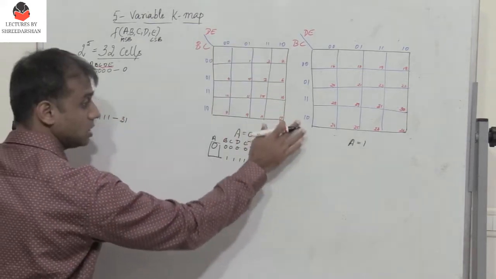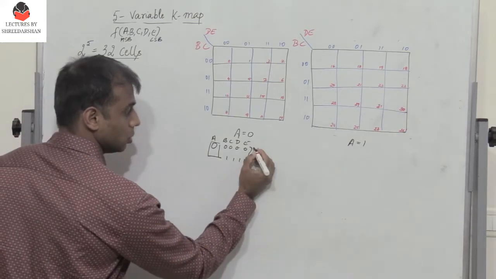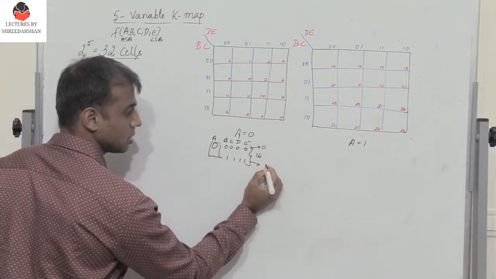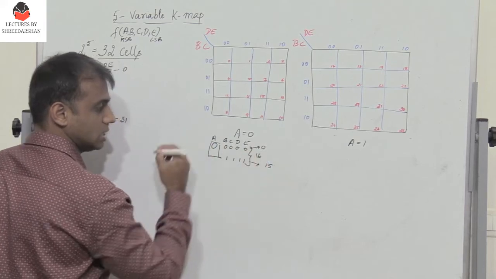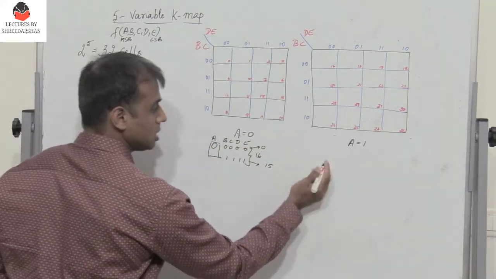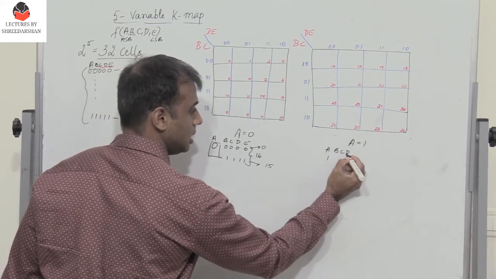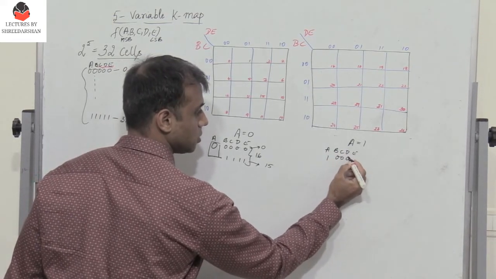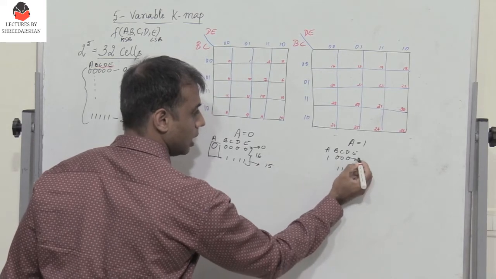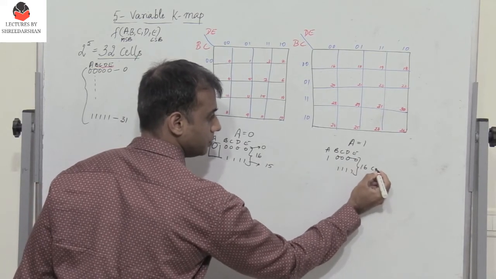Total we have 16 cells, right? So this is 0 and this is 15. And what about this? Here A is 1 and B, C, D, E varies from 0 0 0 0 to 1 1 1 1. Again there are 16 cells.